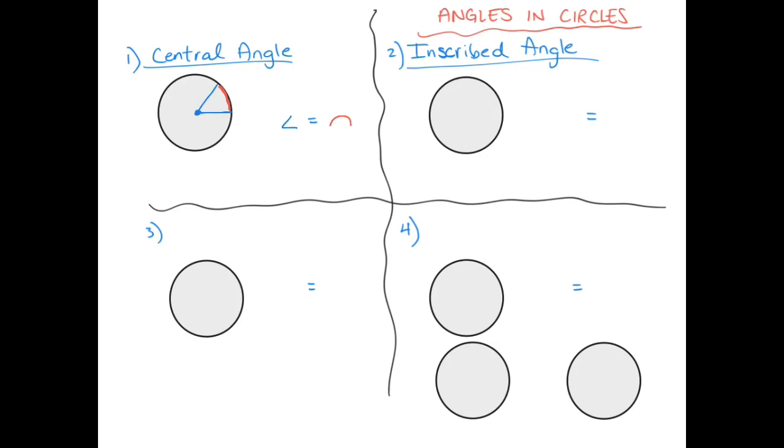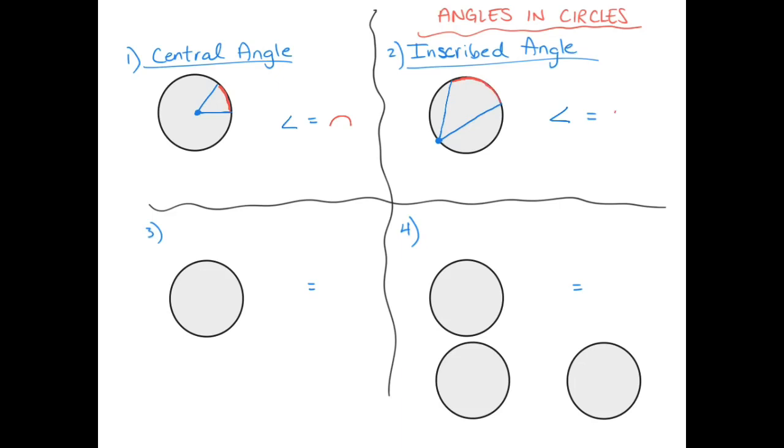The inscribed angle was the next angle that we learned about, and it's a little bit different. Its vertex is not on the center, it's actually on the circle. So this could be an example of an inscribed angle. And with an inscribed angle, we learn that that angle is not equal to the arc.